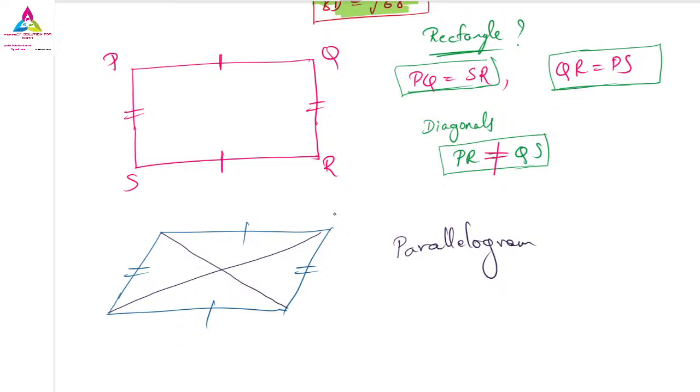Today's work I will stop here only. What is your work today? You have to collect the information about the quadrilaterals, equilateral triangle, isosceles triangle, scalene triangle, and everything, because it is most important while solving coordinate geometry.